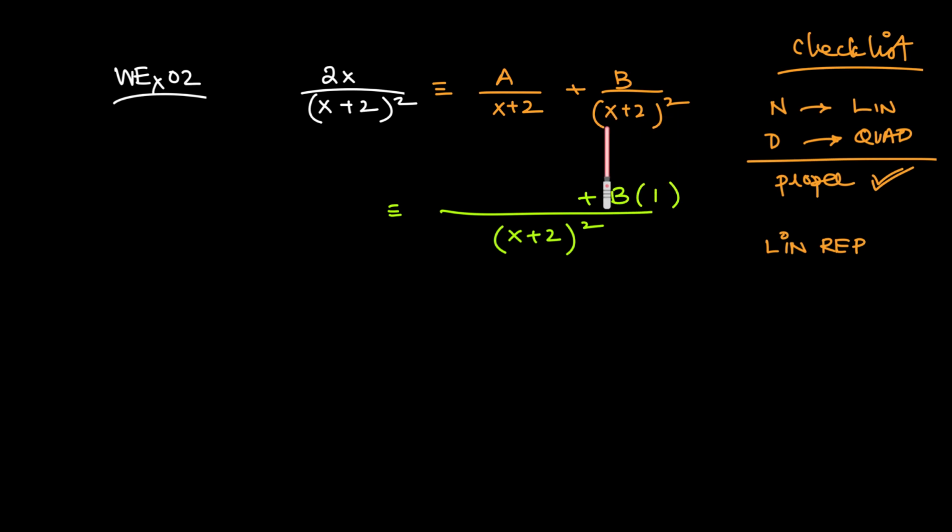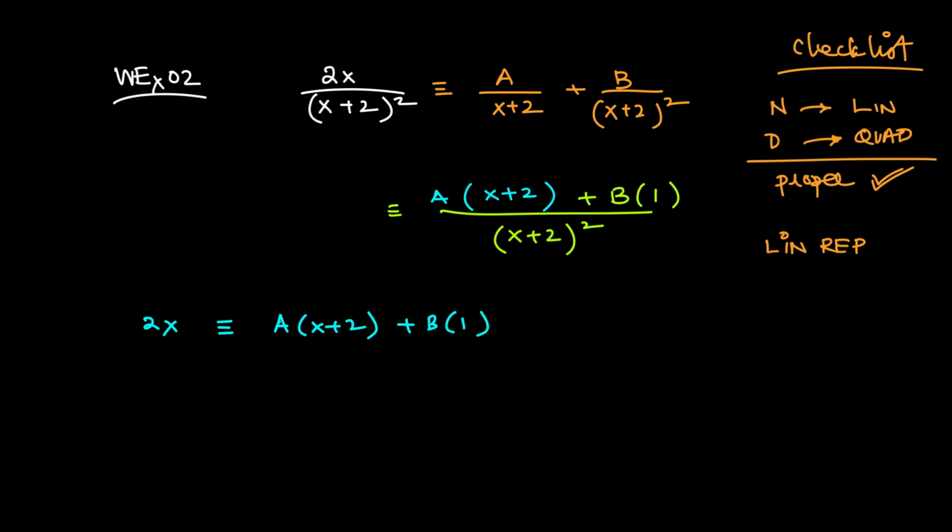Because the denominator of B is the same thing as the LCM. But A is multiplied with x plus 2. The two fractions are identical. The denominator is the same, and the numerator is also the same. So therefore, 2x equals A multiplied with (x plus 2), plus B multiplied with 1.